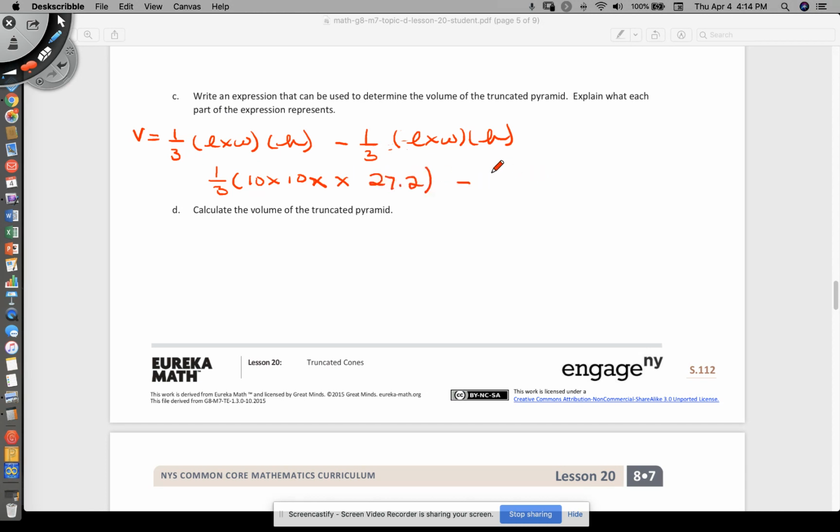We're going to subtract that from 1/3, and that's going to be 2 times 2 times 5.5. So there's my expression. So you are going to go through and solve those out like we've been doing. Solve the first one, solve the second one, subtract the answer. So you guys are going to do D. And then let's look at number 4 when you're ready.